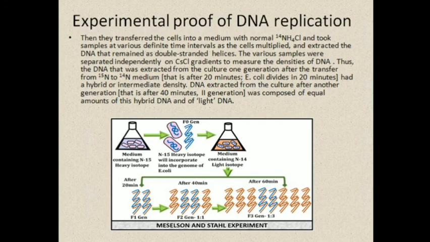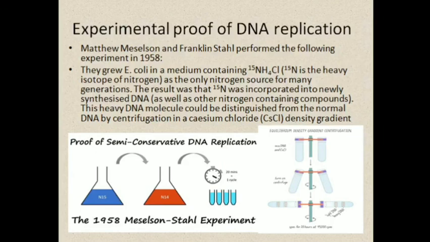So by this experiment they could prove that the replication of DNA was semi-conservative, and that is why the centrifugation had one layer in the first case, and then two layers. That was due to the result of the density gradient centrifugation, and this proved that DNA replication was semi-conservative.